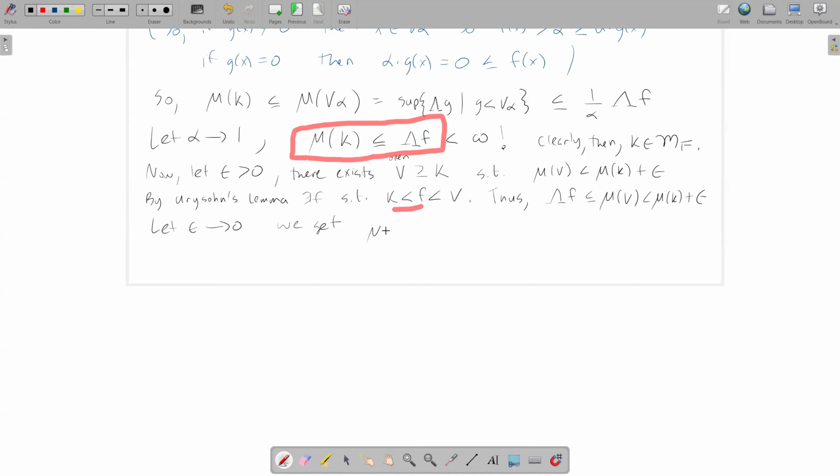We get that the measure of K is equal to the infimum of the lambda f's where K is less than f. We know all of these are greater than that by this condition here, and we know this is less than mu K plus epsilon, where epsilon is arbitrary. So we can get as close as we want from above. The infimum has to be that, because all of these are greater than or equal to that, and they also get as close as I want to that. That then ends the proof.